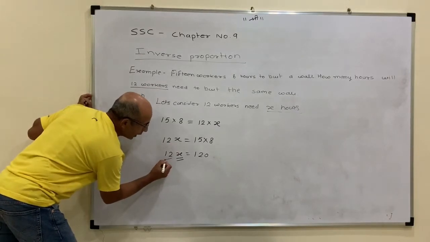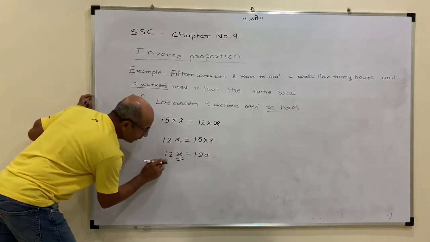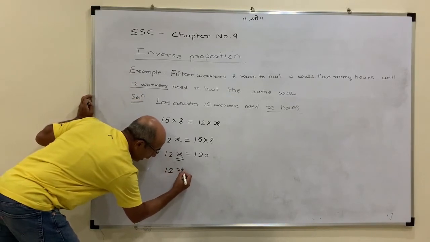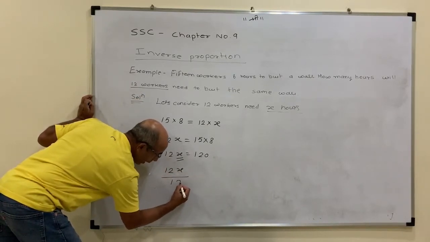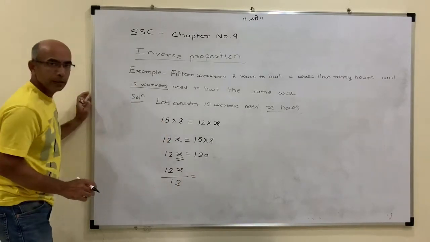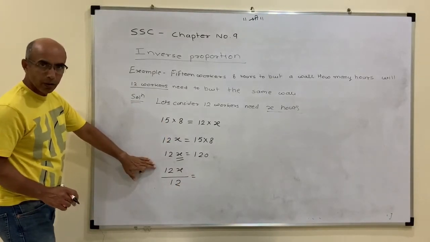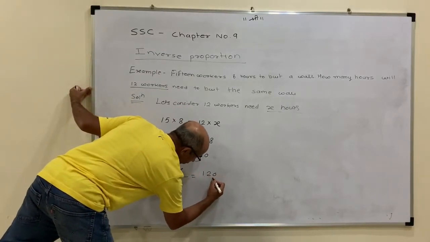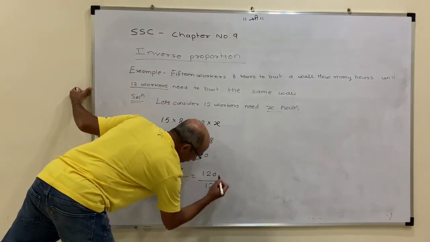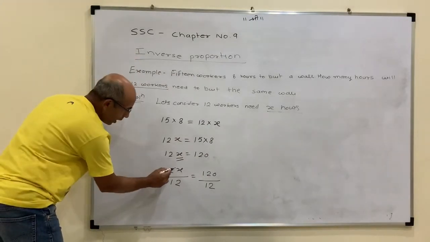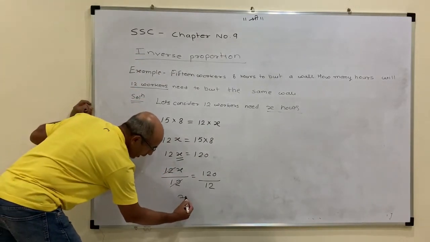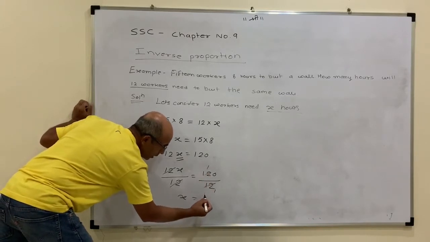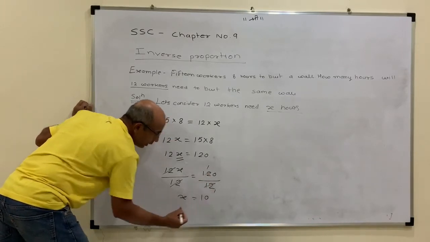Now to get rid of this 12, what will I do? 12 is multiplied, so I write 12x and divide it by 12. And since I have divided on the left hand side, I will do the same operation on the right hand side. So I divide it by 12. So 12 is gone. So x equals, 12 ones are 12, 12 tens are 120. So x equals 10.